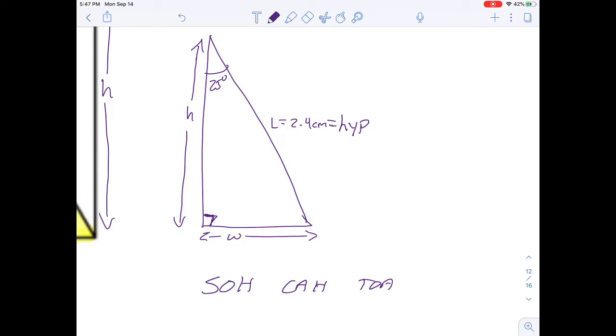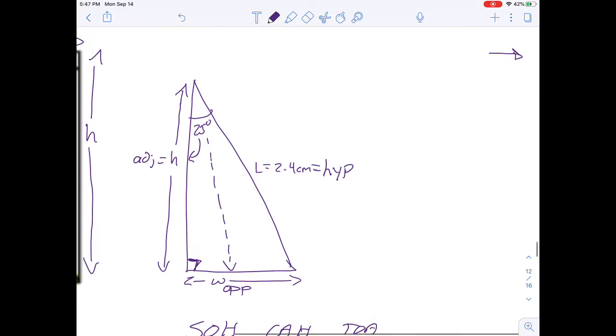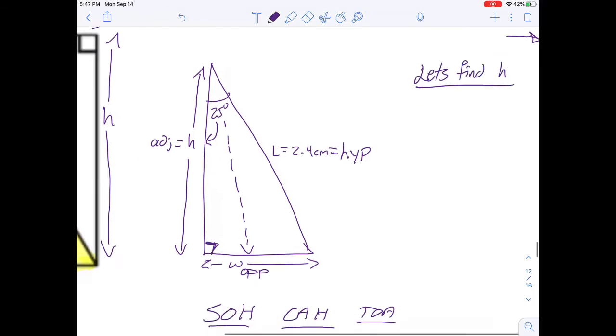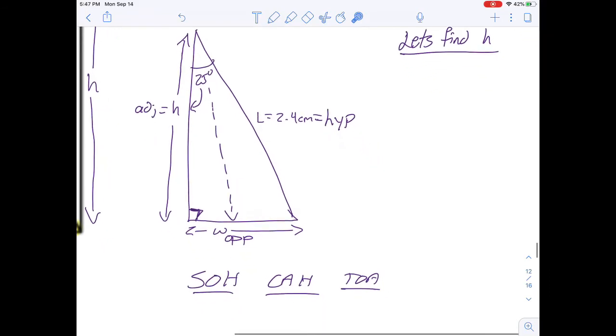Well, w would be opposite. h would be adjacent. Remember, the hypotenuse can never be adjacent. So it looks like we can use one of these to solve. Let's find h first.